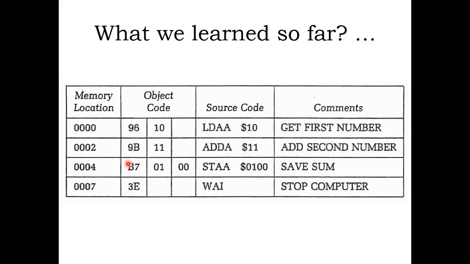If I count these addresses, let's start from 0000, then 0001, then 0002, which is the address of the second line, then 0003, 0004, the address of the third line, 0005, 0006, and now the address of the fourth line is 0007, right? That's how we can always count and exactly tell where the lines are starting.